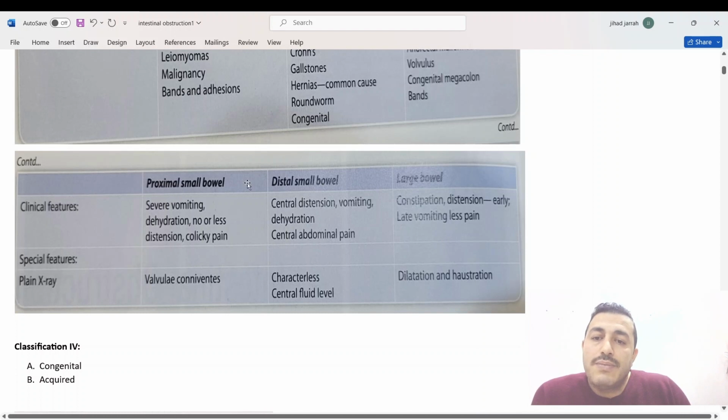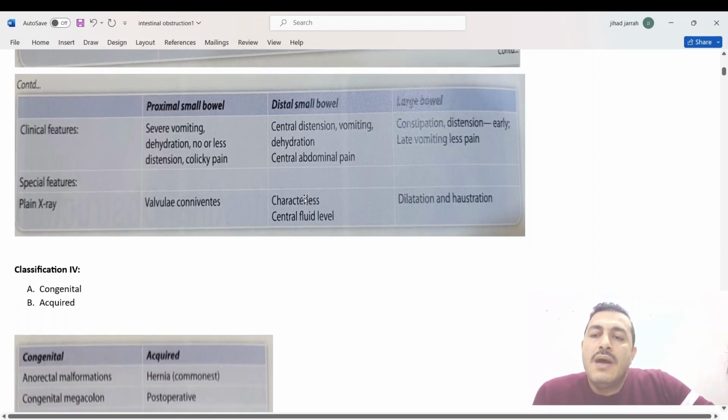So you can see here proximal and distal small bowel, vomiting, colicky pain, while in the large bowel it may start with constipation and distension earlier, while vomiting can be present late.